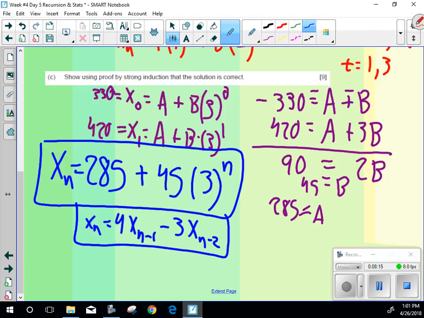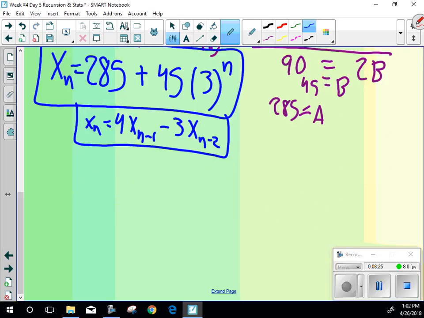Yep, that's what we're going to do next. Great, that went awesome. Now we're going to prove this using strong induction. So what's the first step in any math induction? Check for n equal to what? 0 or 1. We're going to do 0.